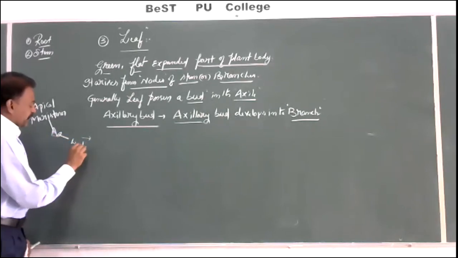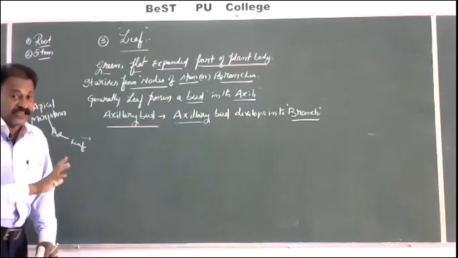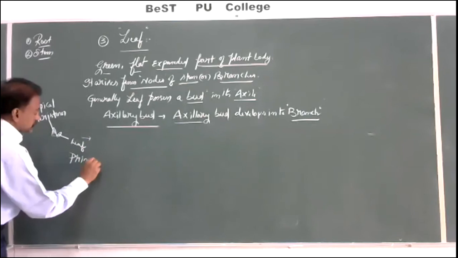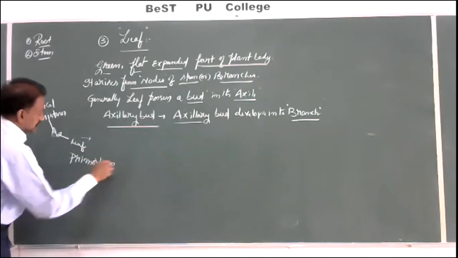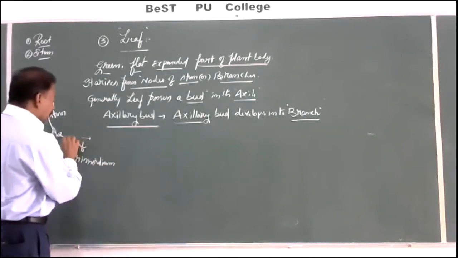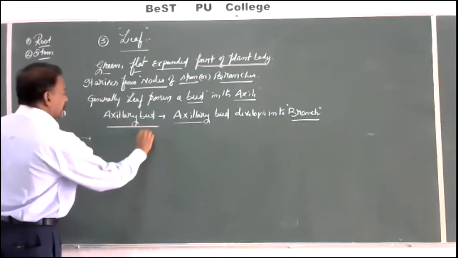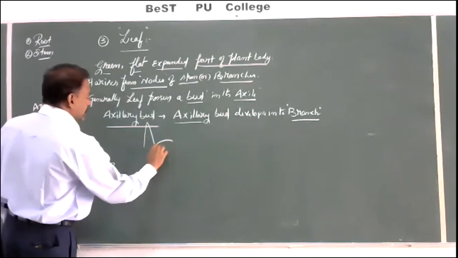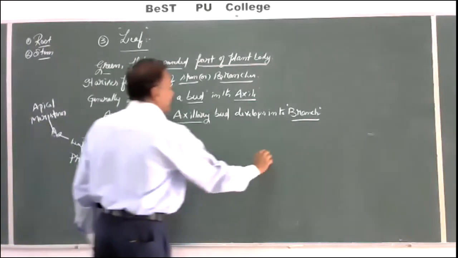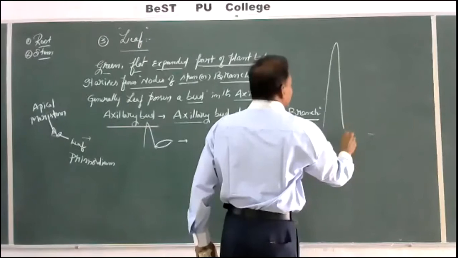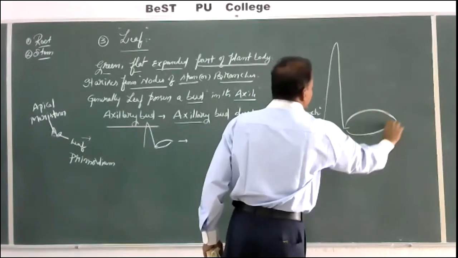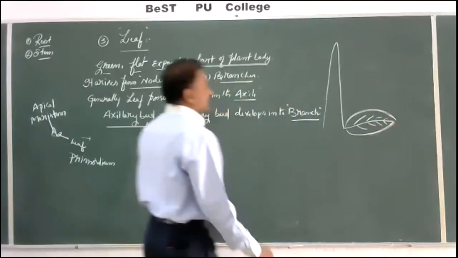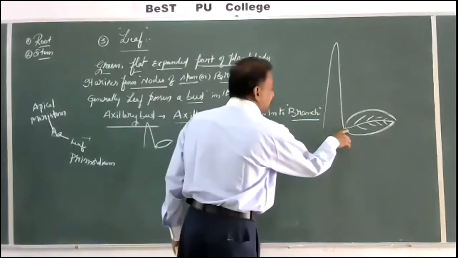So starting of leaf is called leaf primordia, leaf primordium. Now this stem is growing. So leaf is here, and as gradually stem is growing, this leaf will become maximum in its size. So how is this leaf formed?